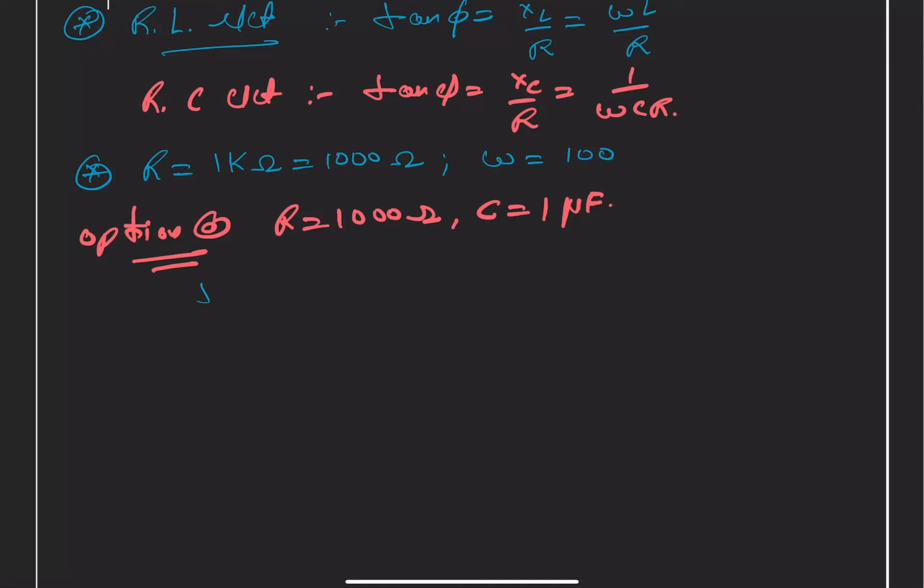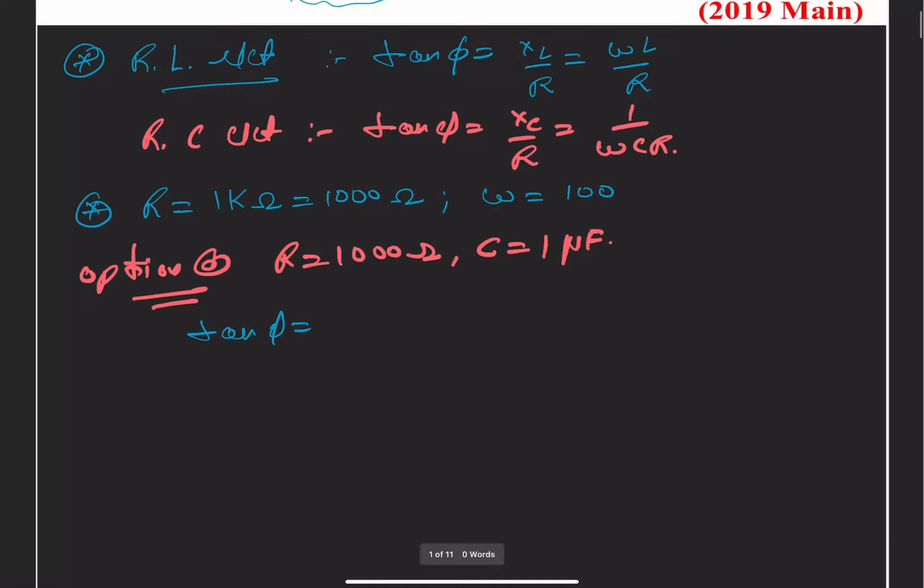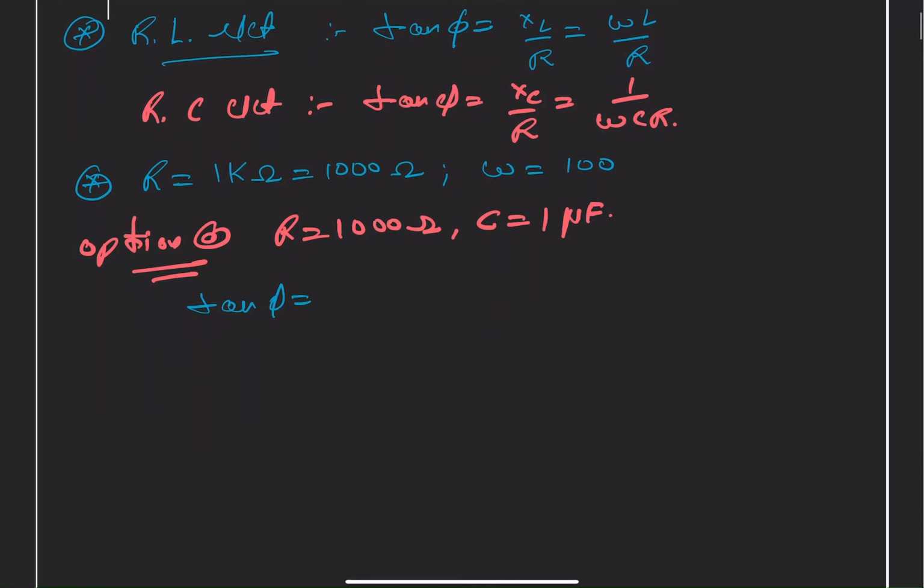Tangent of phi is 1 upon omega CR. We substitute the values, and 1 upon omega C will be 10,000, and resistance is 1000, so this will be equal to 10.